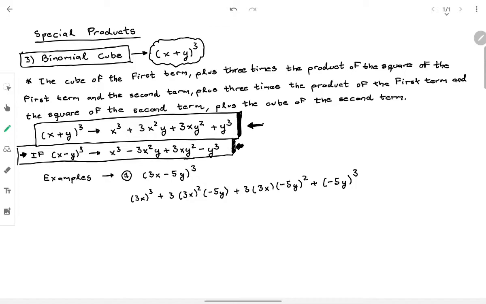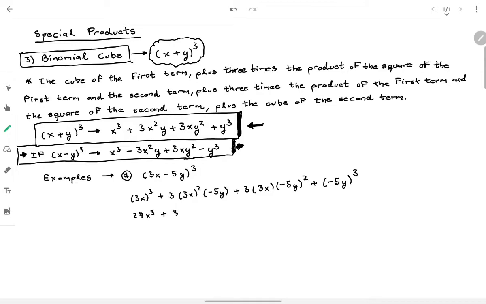So we will get something like 3 to the third power. It's going to be multiplying 3 times 3 times 3. So that will be 27x cubed.